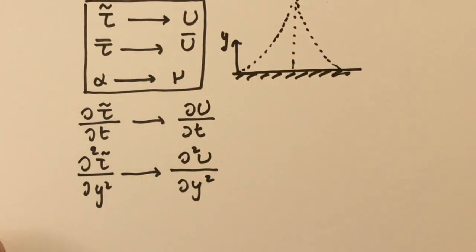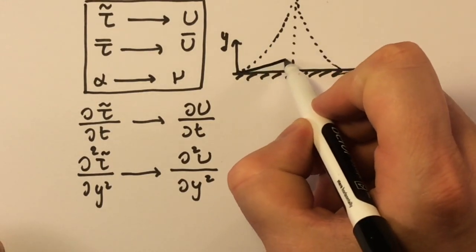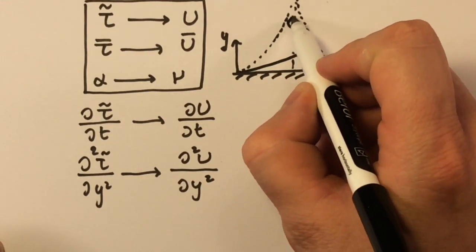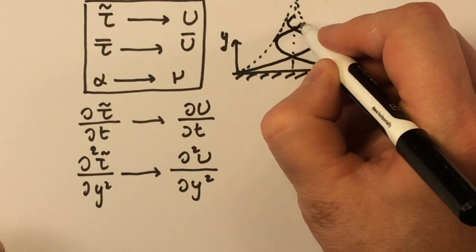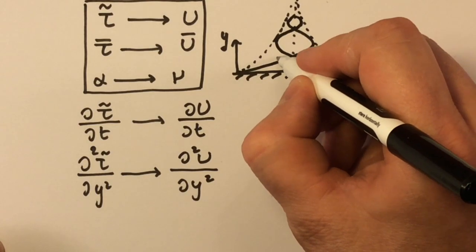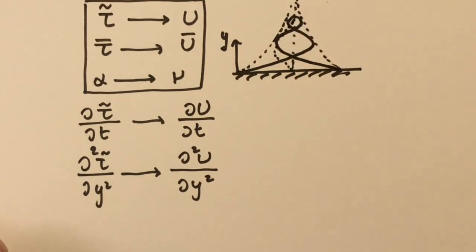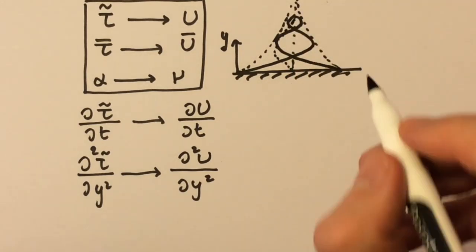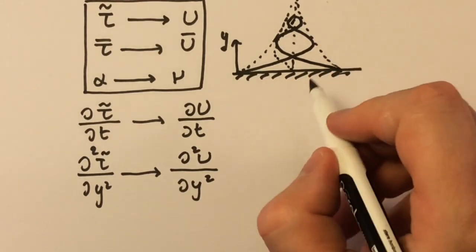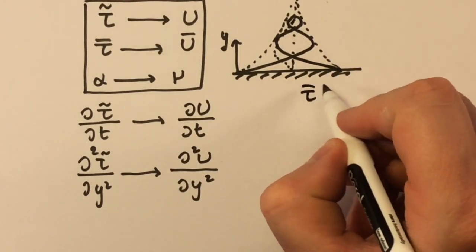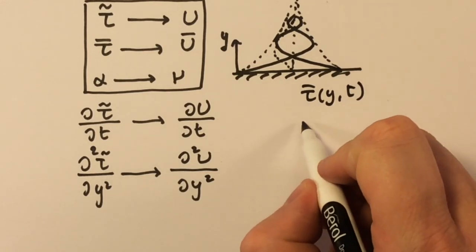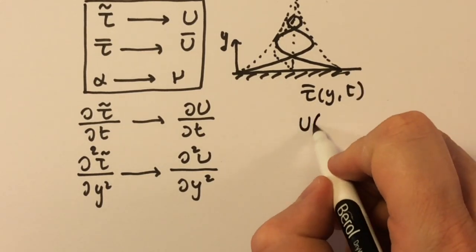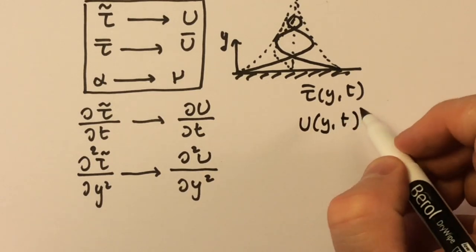At different instants in time we have a profile like this. When it's maximum on the other side, it will be like this, and at intermediate phases we have something like that. So this is, in our case, the temperature as a function of y and t. For the Stokes layer, instead, we have a velocity as a function of y and t.